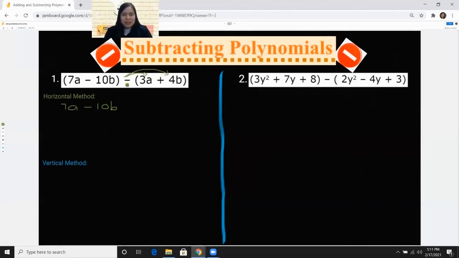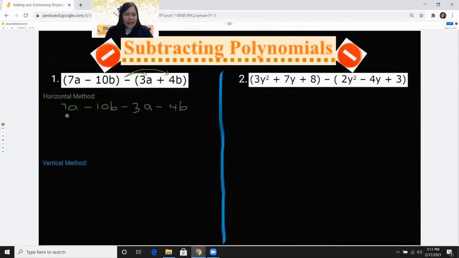So in subtracting, we're distributing the negative sign inside the parentheses. That is what we call keep-change on the second group. So negative times positive, we will have negative 3a. And then negative times positive 4, we will have negative 4b. Don't forget that or else your answer will be incorrect. So make sure that you distribute the negative sign inside the parentheses on the second group.